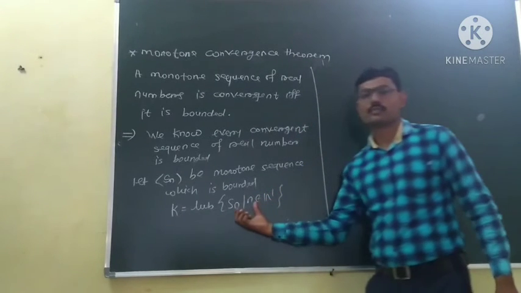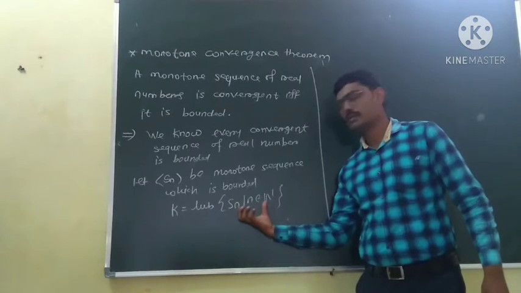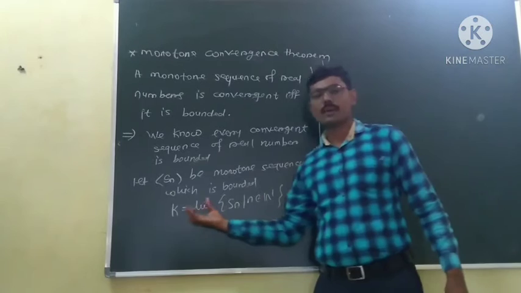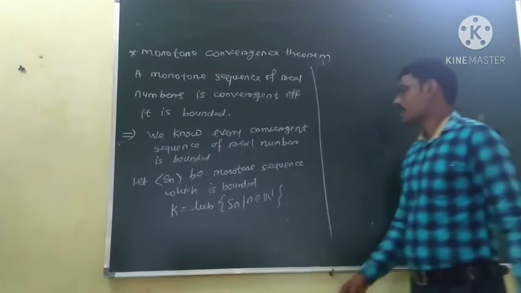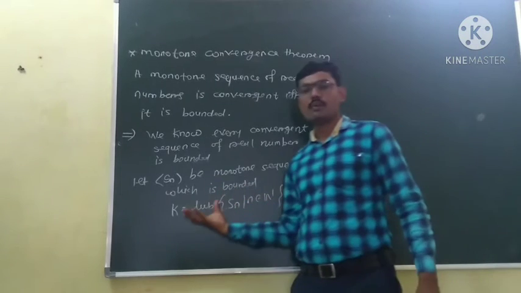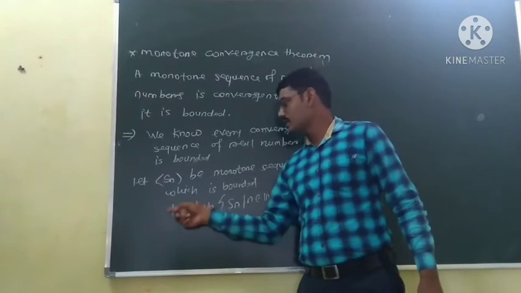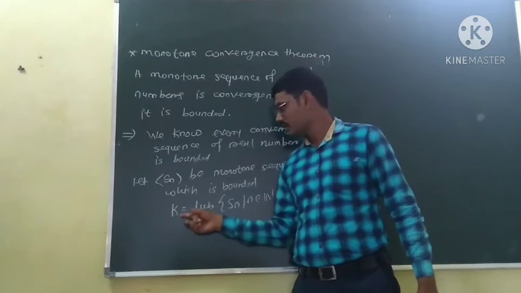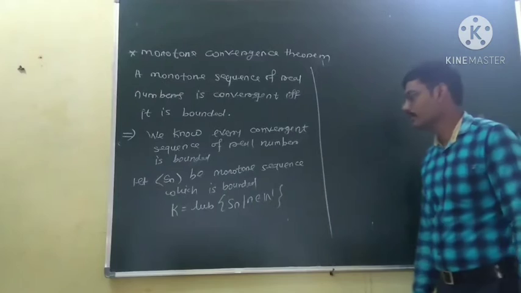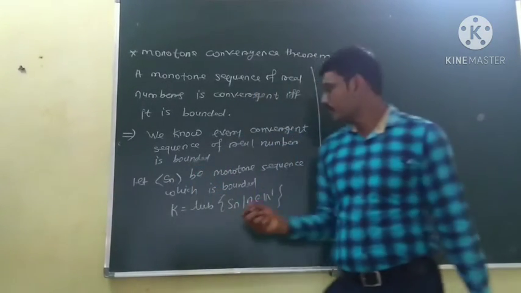This is the set of all elements of the sequence, that is the range set of the sequence. Since the sequence is bounded, this range set has a least upper bound. So as it is a monotone sequence which is bounded, it has a least upper bound. So each element of the sequence is less than or equal to this number K, since K is the least upper bound.